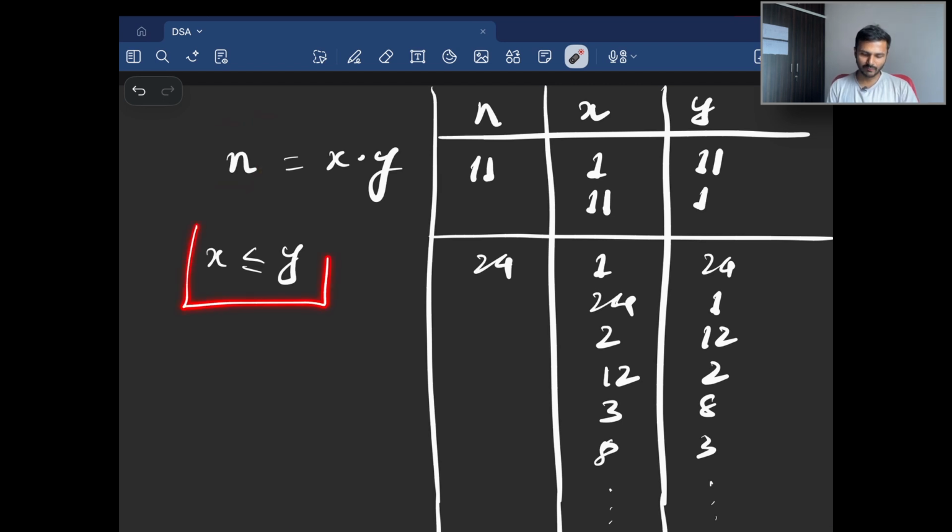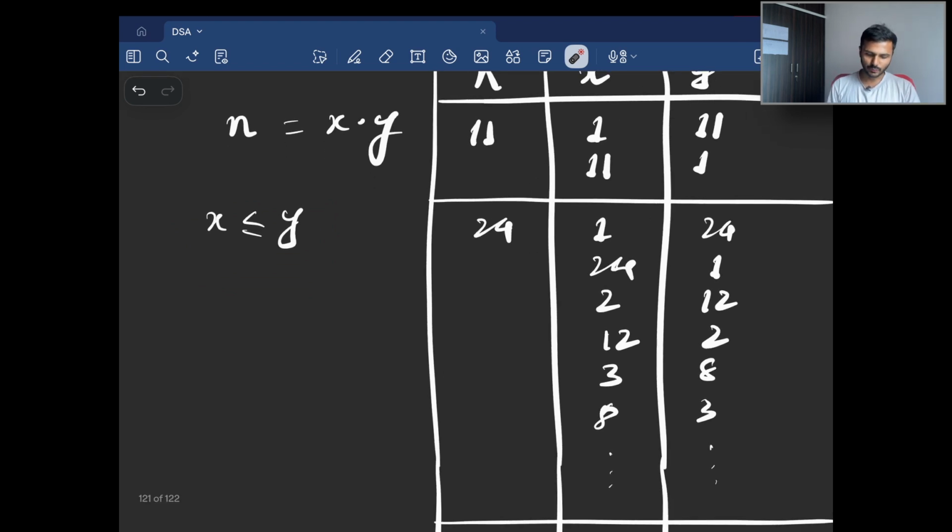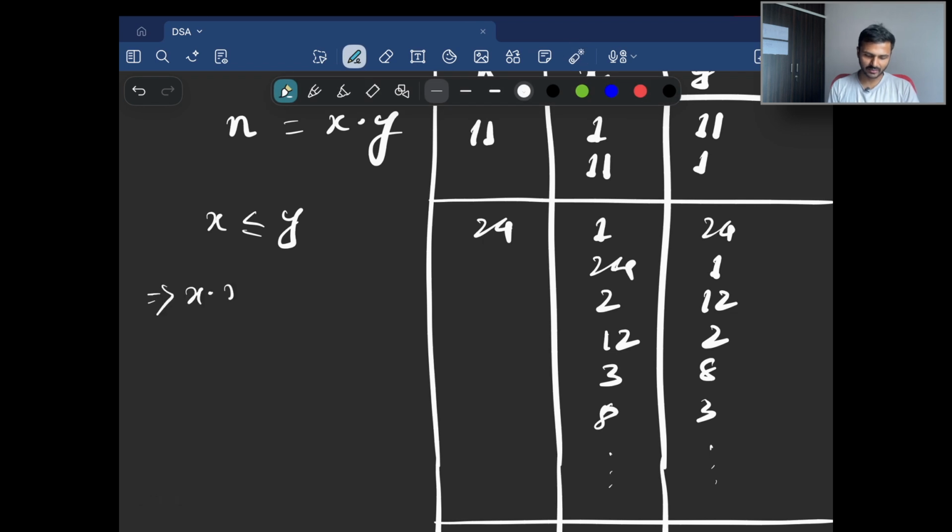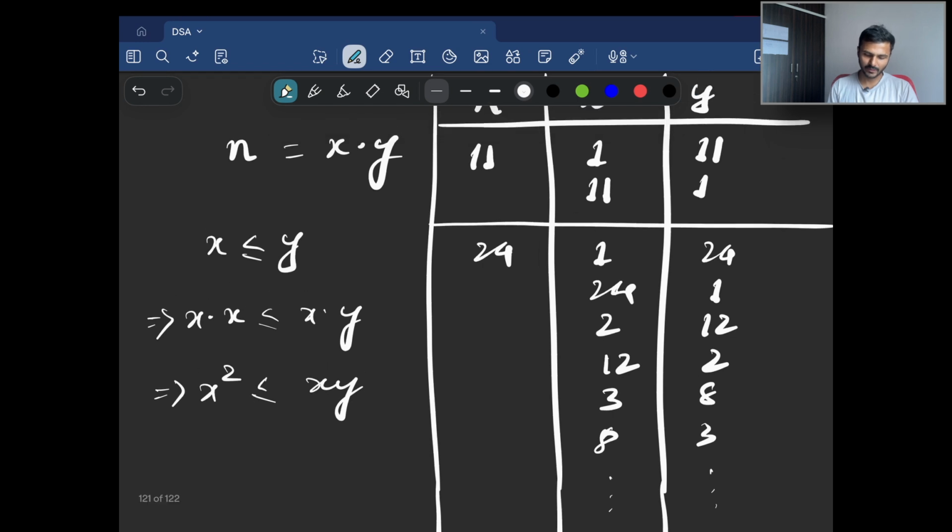And x less than equal to y means one of them is smaller or is equal to the other one. Now let's continue and let's multiply x on both the sides. So can we say x multiplied with x less than equal to x multiplied by y? We can, right? So if we continue from here, what will we get? We will get x square over here, and here we will get xy, right?